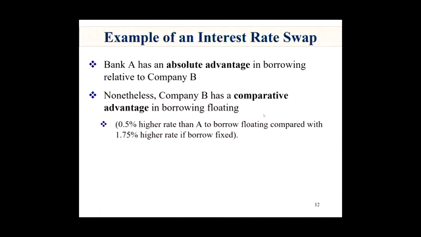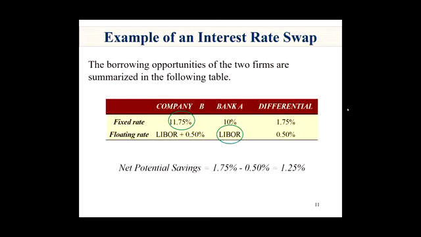Okay, so if you look back on slide 11, for Company B to borrow fixed, they would have to pay 1.75% more than A, right? Their rate that they need to borrow at is 1.75% more. What about for floating? 0.5, okay?